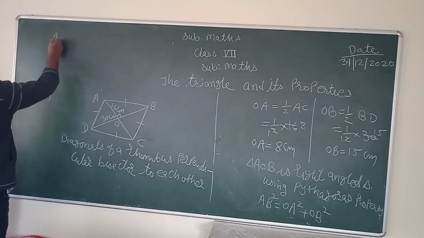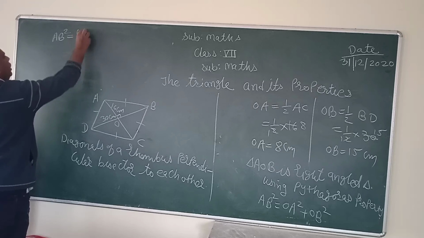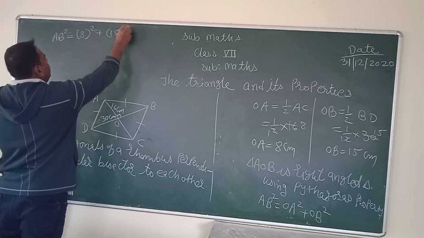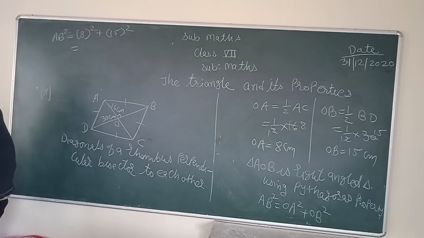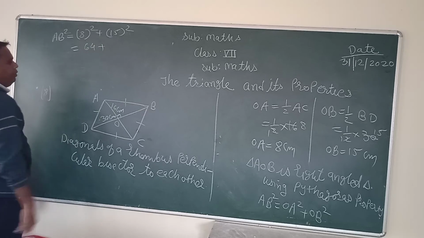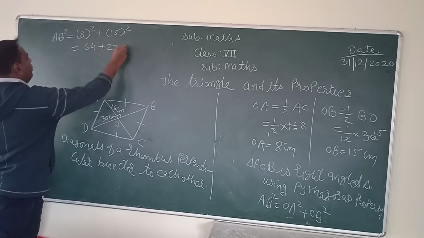Now we put here value. AB square is equals to, here OA is 8 square plus OB is 15, means 15 square. Then 8 square means 8 into 8. 8 into 8 means 64. And 15 square means 15 into 15, means 225.